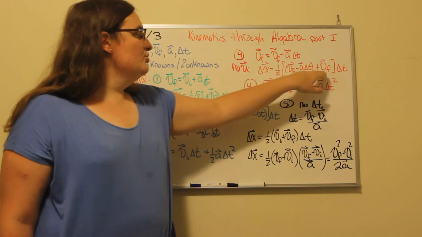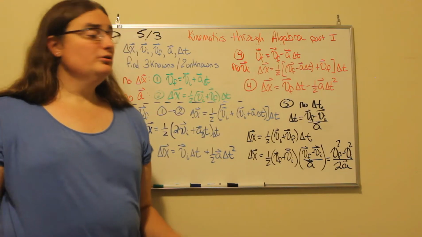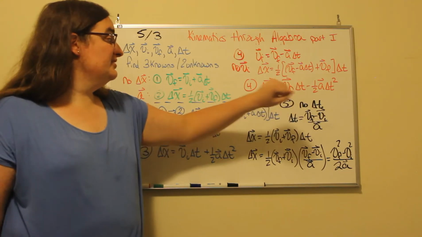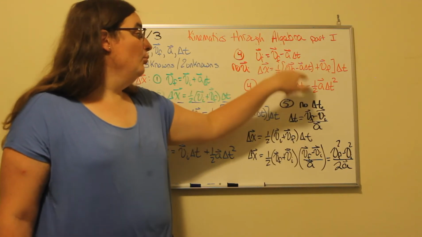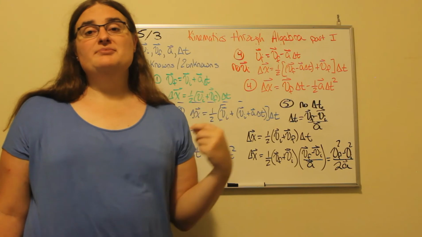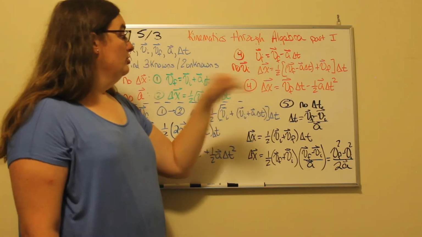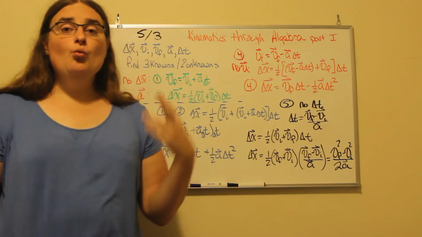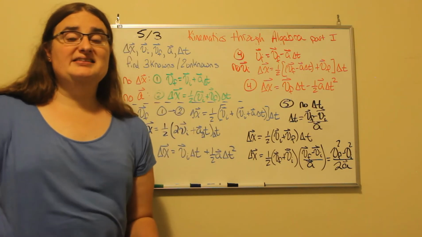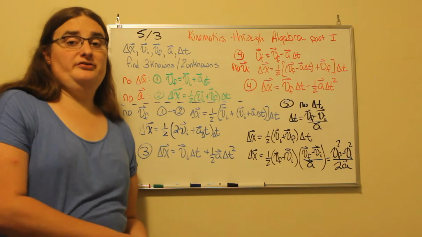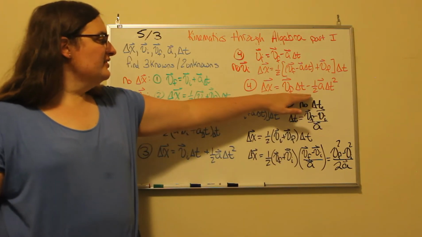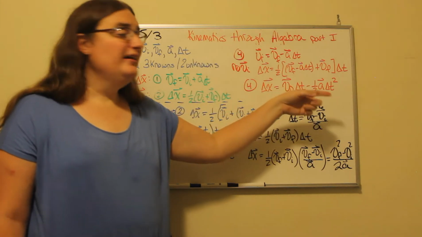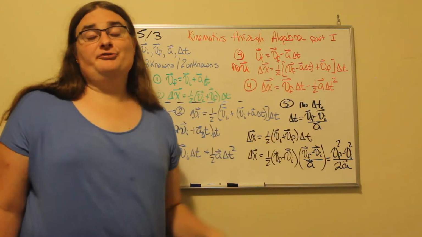Well, that would give me 2v final over 2, so I get my displacement is my final velocity times time minus 1/2 times acceleration times time squared. So this is the displacement equation when we don't know our initial velocity, but we do know our final velocity.